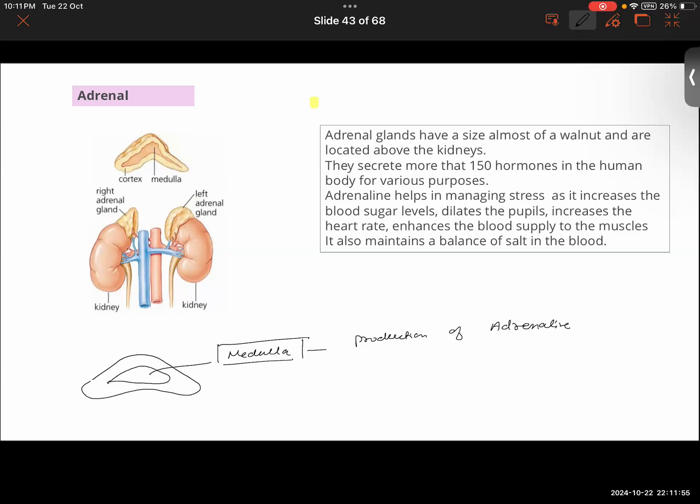In a dark room, it expands in size. When you are in the dark, the pupil is dilated. This is the dilated pupil.